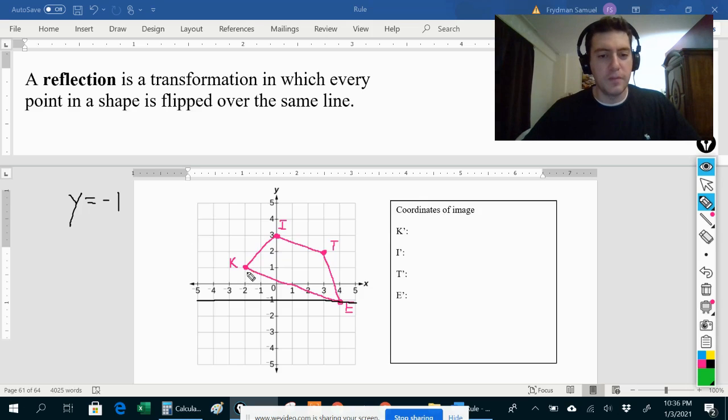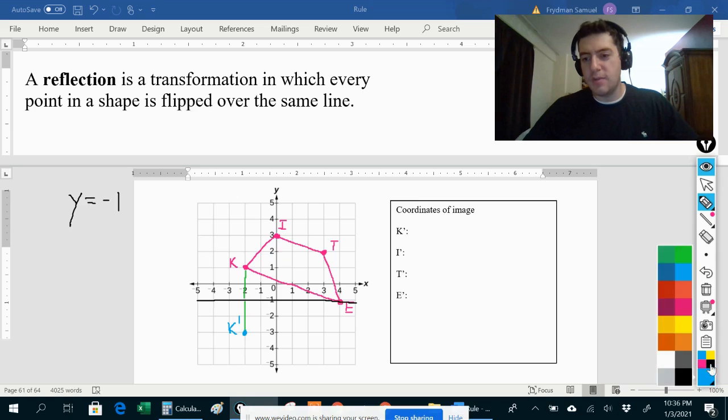So for example, the point K here is 2 spaces away from the line. So we're just going to draw starting from here, 2 spaces on the other side of the line, 1, 2, and then this would be the image of K, which we'll call K prime, okay?